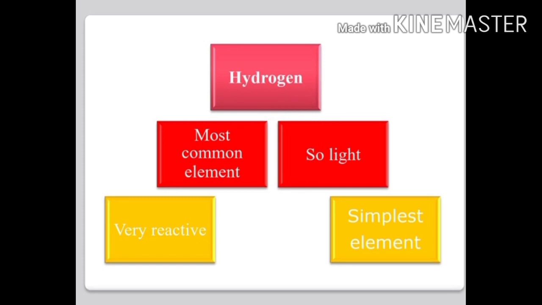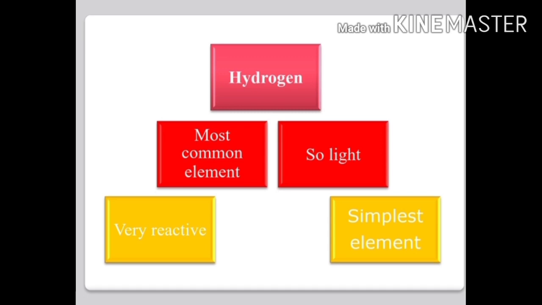Small introduction about hydrogen. The air all around us, the water we drink, the cells of our body, a plastic cup, and many other objects all around us, all of these have one thing in common. They contain hydrogen. Yes, hydrogen is the most common element in the universe.